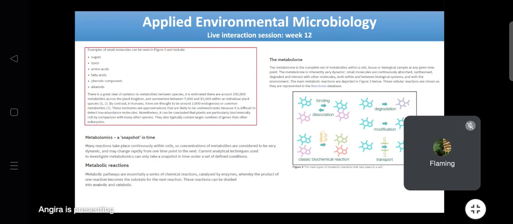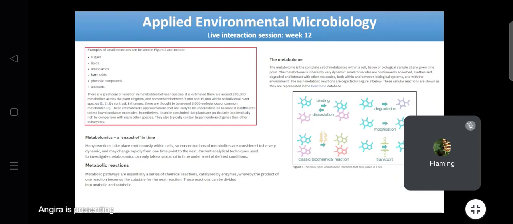So basically these numbers give you an idea of how much data we will be checking when we check different cells that are producing this many metabolites.